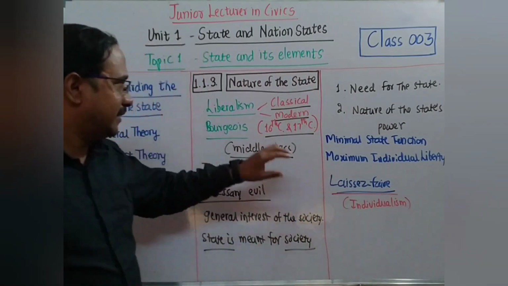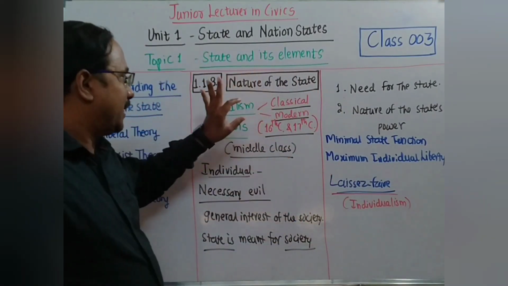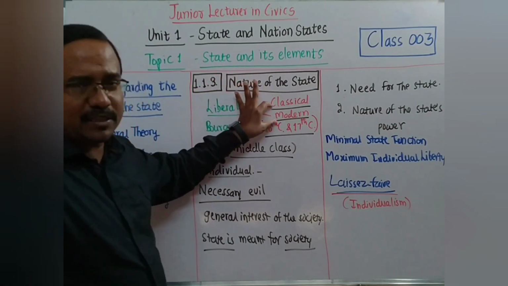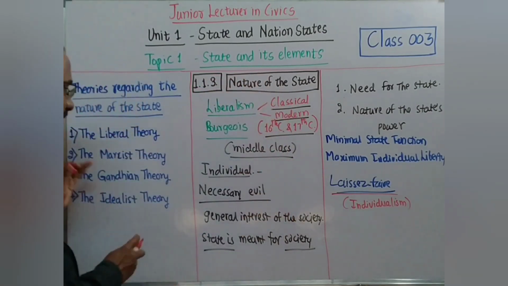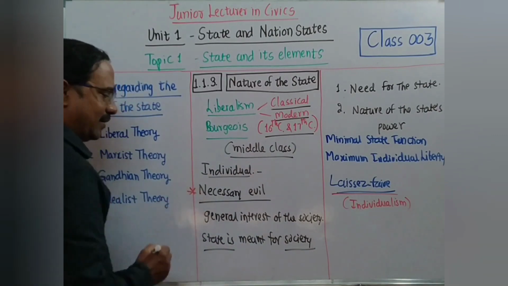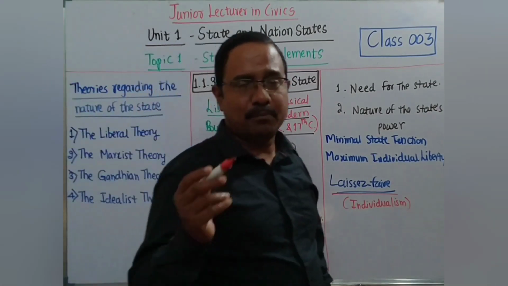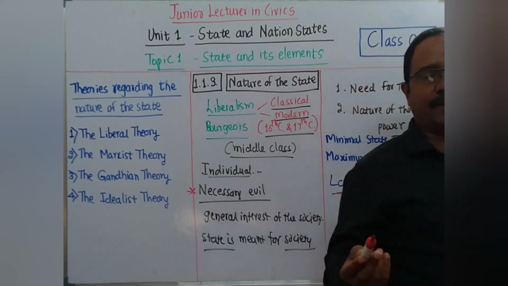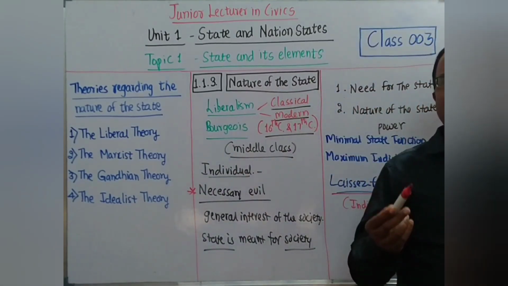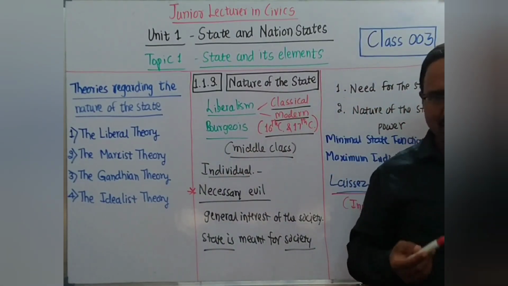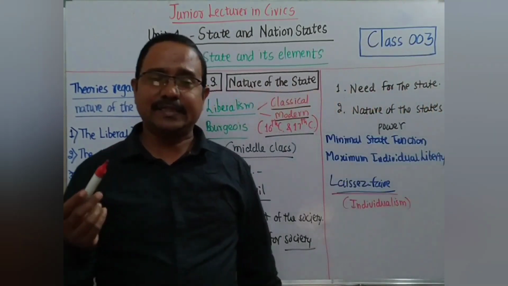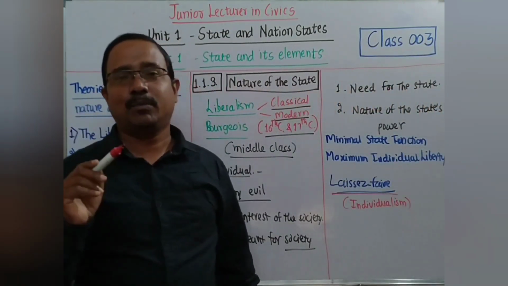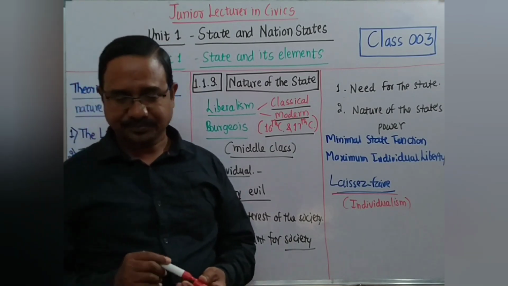Even classical liberalists and modern liberalists both viewed the state as a necessary evil. Why necessary? Because it gives security and protection to man for his complete overall development. It is treated as an evil because it controls man by law and order.